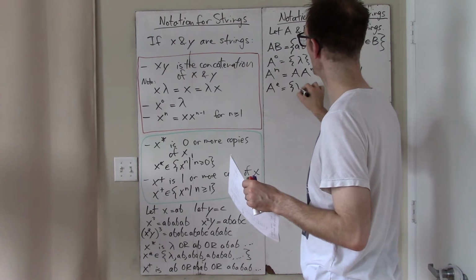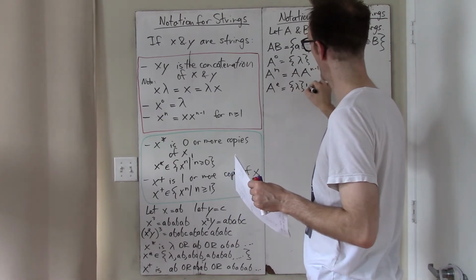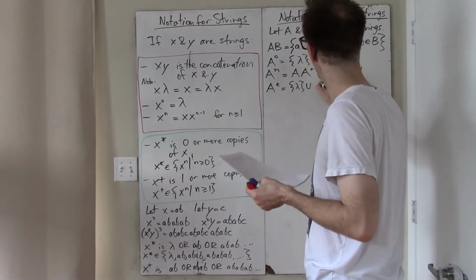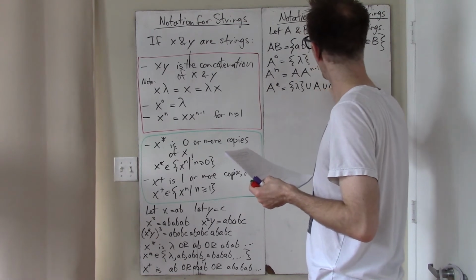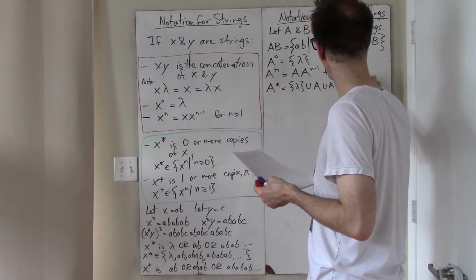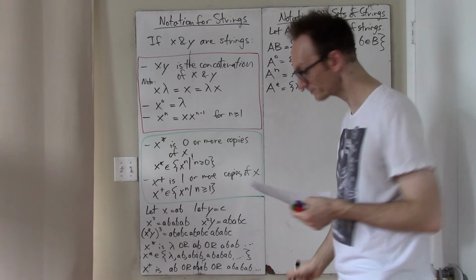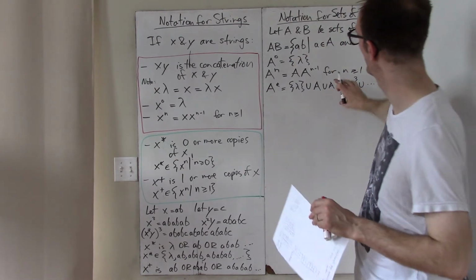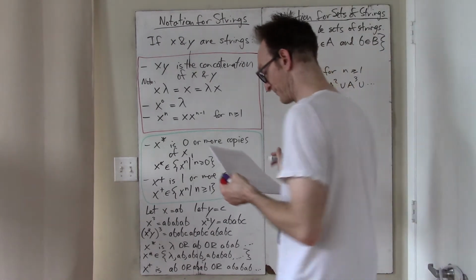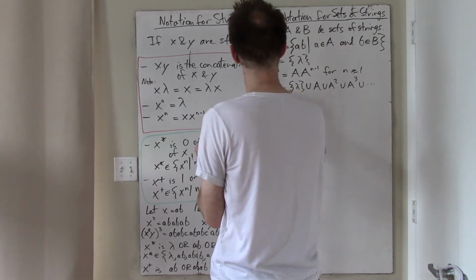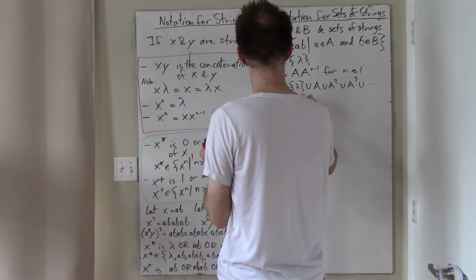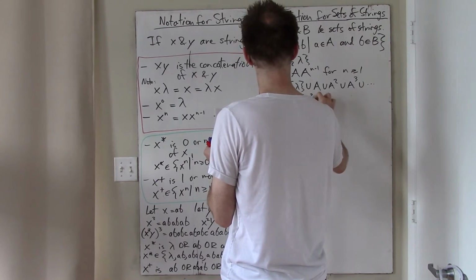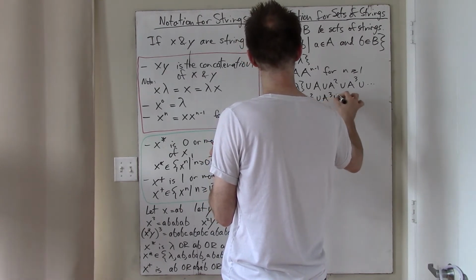It's the empty string, the null string, union A, union A squared, union A cubed, etc. And of course A plus, I don't know if I'm ever going to use this, is just A union A squared union A cubed, etc.